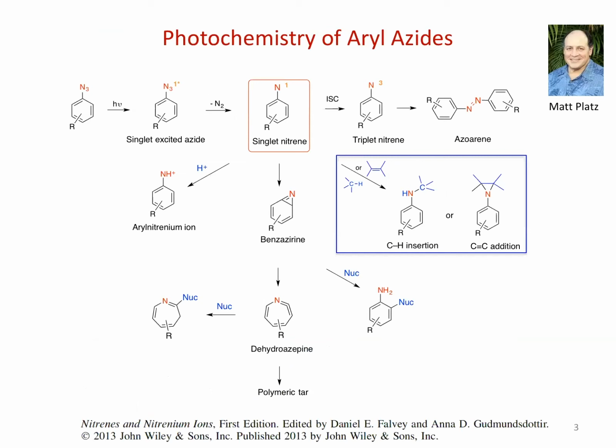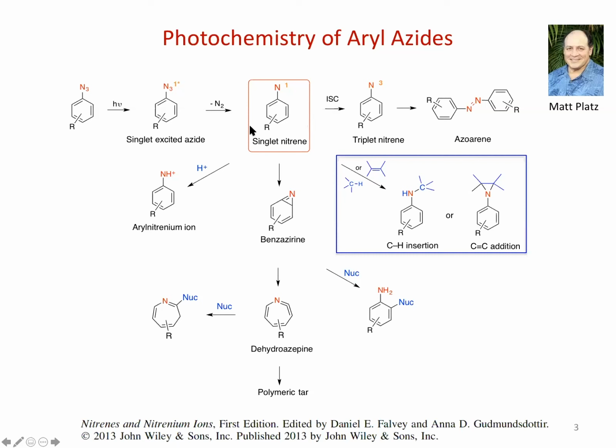That's the photochemistry of the aryl azides through nitrene. Matplots has spent almost his lifetime studying the photochemistry of aryl azides, and it's very nicely summarized in one of his book chapters. If you start with aryl azides under photoactivation, it excites to form the excited state, and splitting off the nitrogen gives you the singlet nitrene.